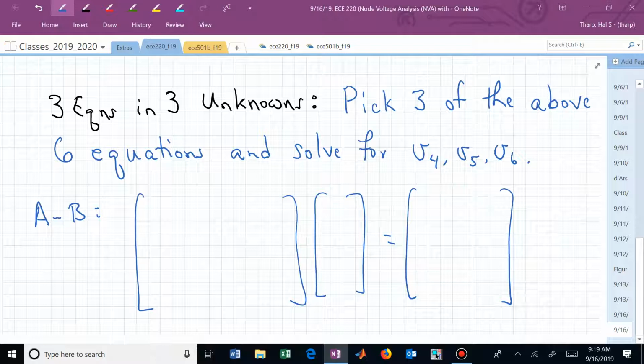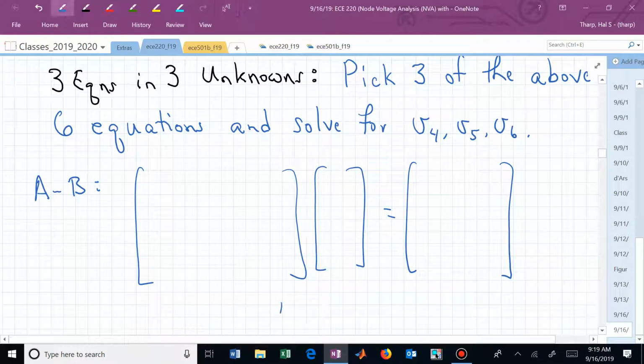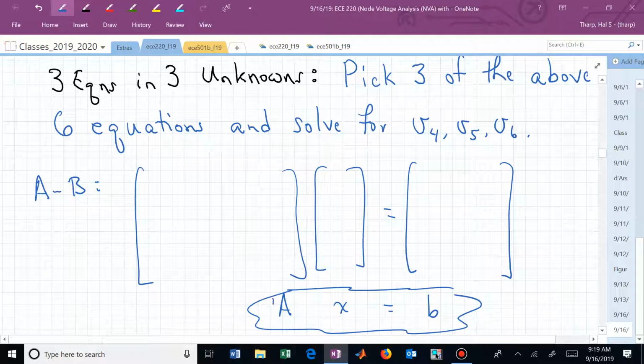I've got too many A's floating around, too many C's and B's, but this is AX equal B. This is the math form, so let me put that in quotes. That's not node A, this is matrix A. And now I'm saying I want to solve for X, which is V4, V5, and V6.